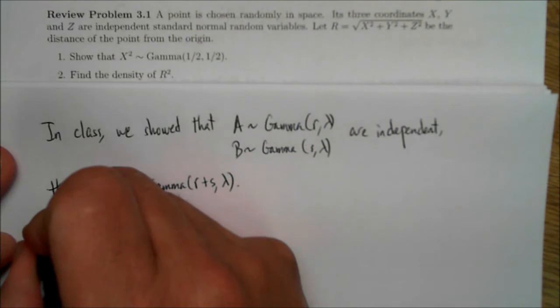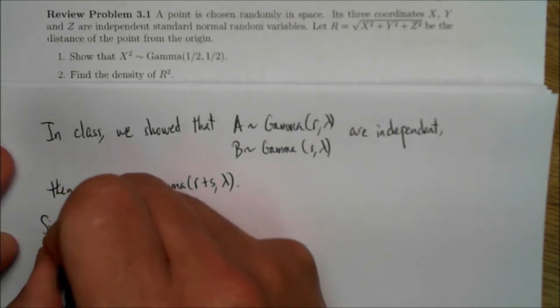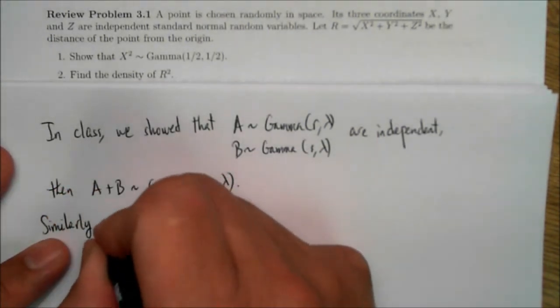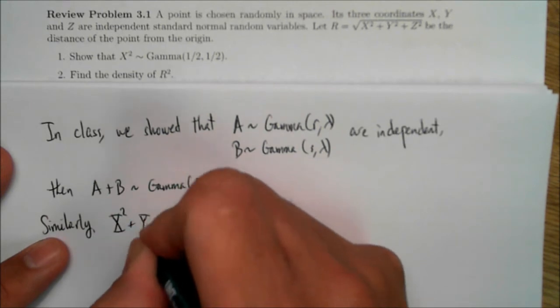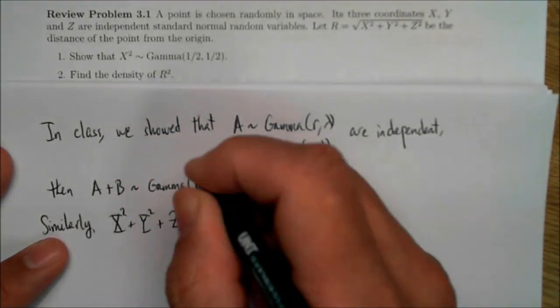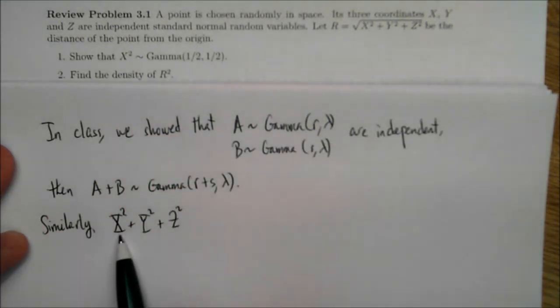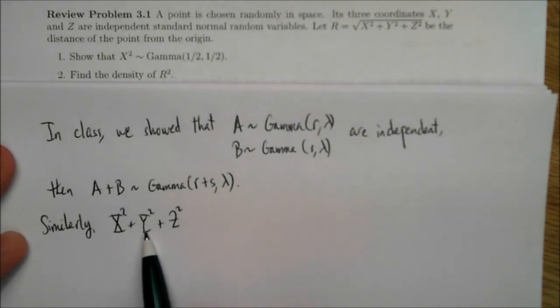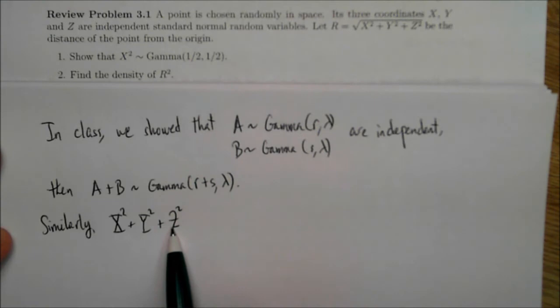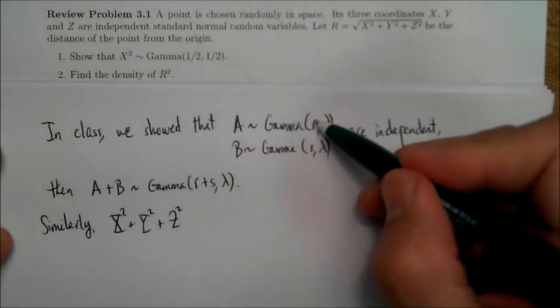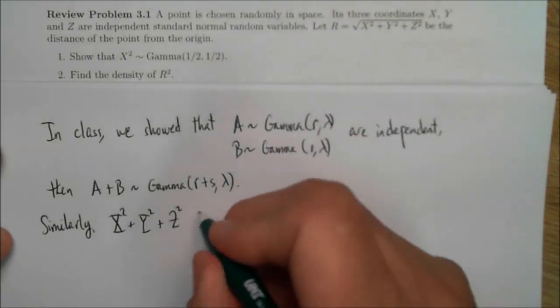So similarly, we have x squared plus y squared plus z squared. X squared is gamma with parameters 1/2 and 1/2. Y squared is parameters 1/2 and 1/2. And z squared is parameters 1/2 and 1/2. And so the 1/2s in the first slot add up.